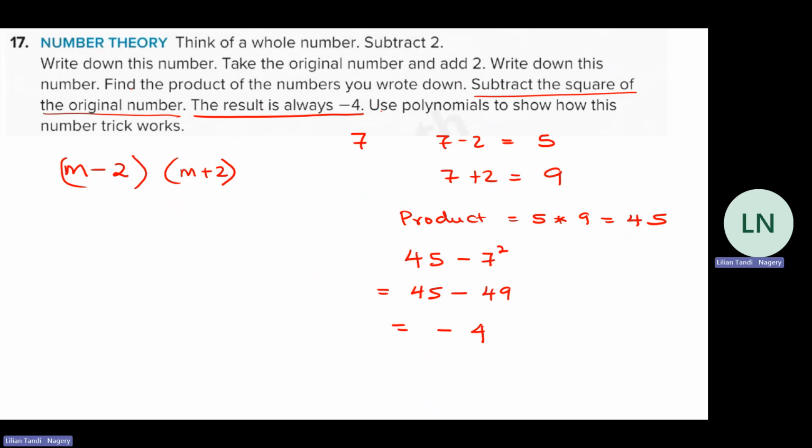Okay? So now we follow the same thing. We subtracted, we added, now we are supposed to find the product. Okay? So what's the product of this?